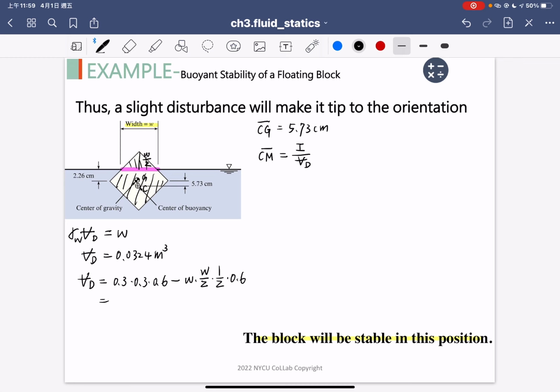This is 0.3 multiplied by 0.3 multiplied by 0.6, so the first item is 0.054, minus 0.6 divided by 4, so this is 0.15 W squared. So you can put in the numbers and calculate the W. So the VD, 0.0324, is equal to 0.054 minus 0.15 W squared.